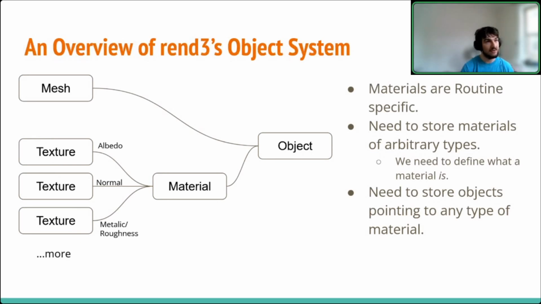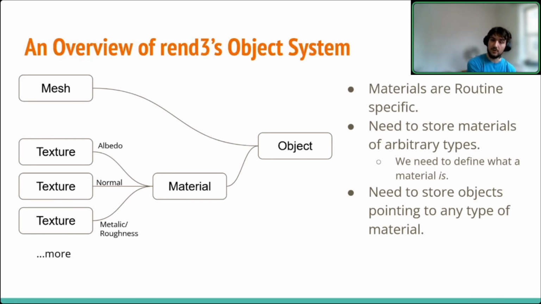So there's a clear tie between the material and the shader. And if we want custom shaders, we also need custom materials because that shader may need who knows what kind of data for that object. So we just need to be able to store a set of textures and a set of data.